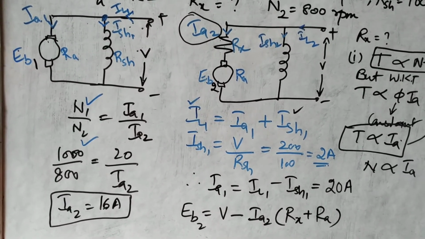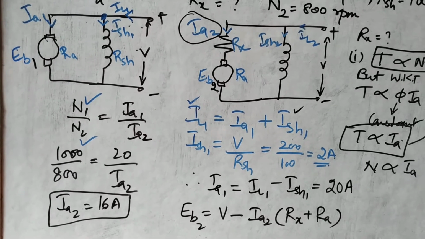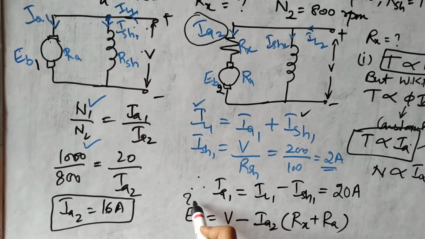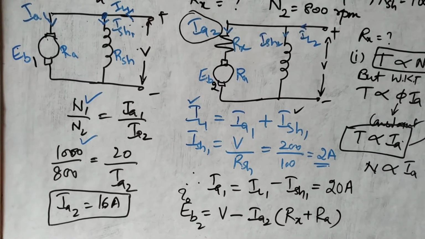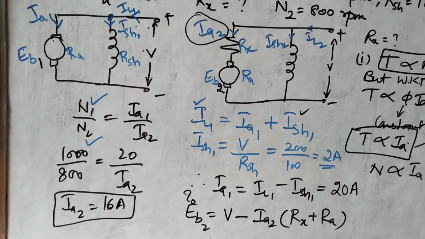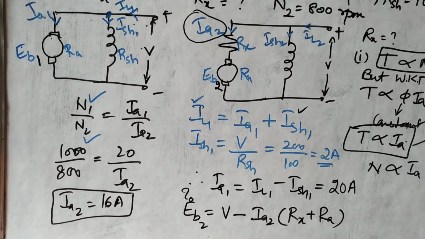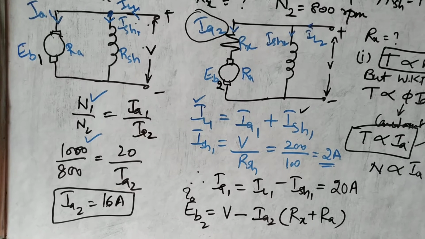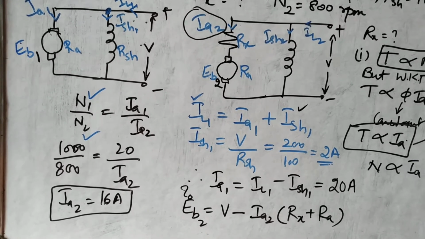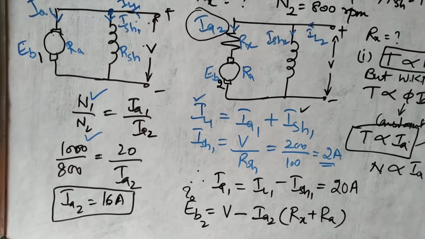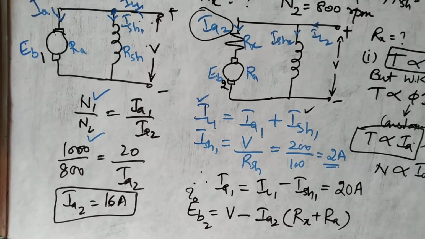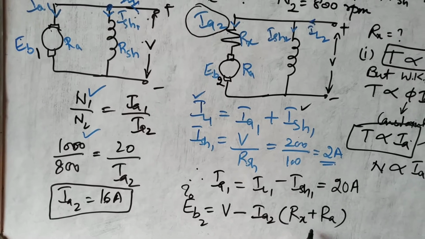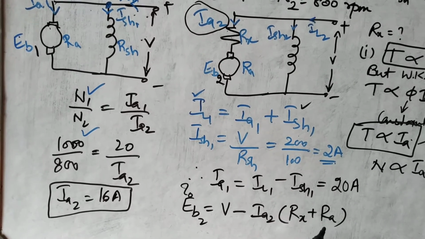With this voltage equation you can find out the Rx value, but again we don't know what is EB2. How do we find out that EB2? The voltage equation is V minus Ia2 into Rx plus Ra.